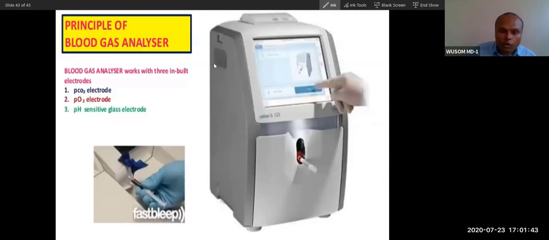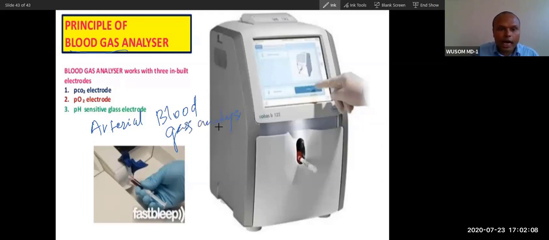Rather, you take arterial blood from the radial artery and do a test called arterial blood gas analysis, ABG, to find out carbon monoxide poisoning.